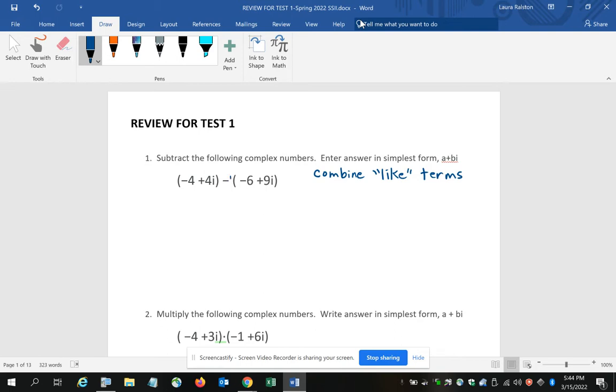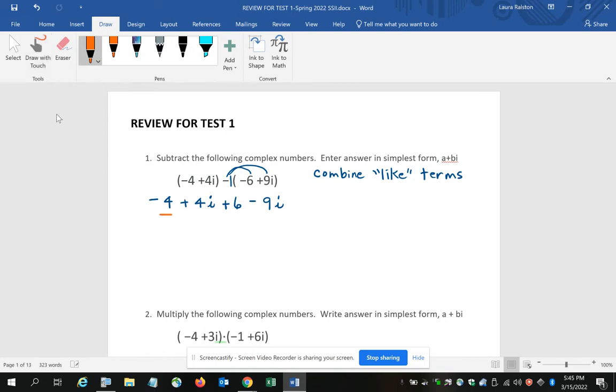Remember that there's an understood 1 in front of this second parenthesis, and so I'm going to distribute that negative 1 so that I have negative 4 plus 4i minus 1 times negative 6 is positive 6, and minus 1 times positive 9 is minus 9i. And then I'm going to come back and combine like terms. In this case, we're going to combine the real numbers, those without the i.